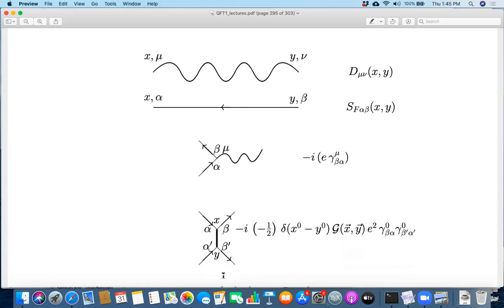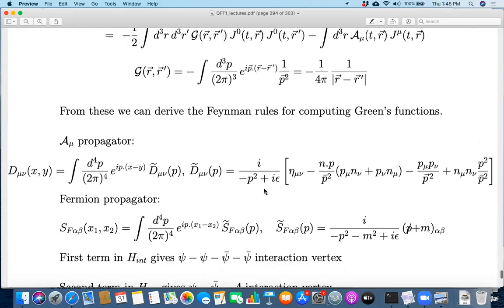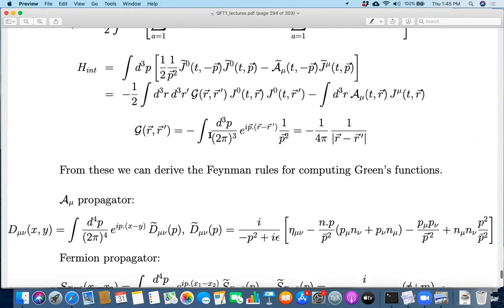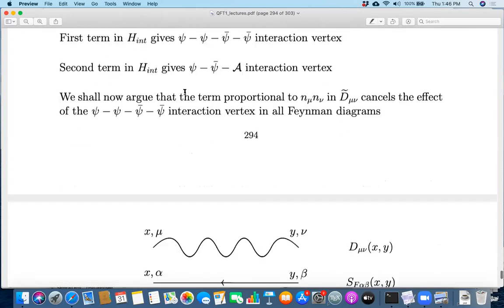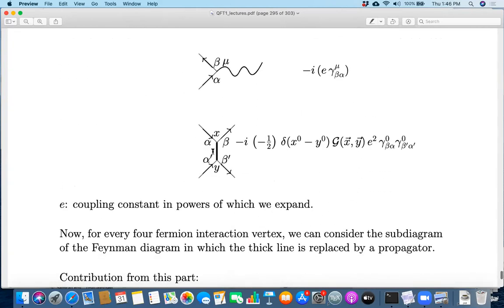Then you have the four fermion interaction, psi bar psi, psi bar psi. Normally, since it's a single interaction term, one should have drawn it by a single vertex, with two psis coming in and two psi bars going out. But here I have drawn it in a slightly different way, just because this has these two integrals, over d q bar prime. I have separated this. This is still a single vertex. This is not a propagator.